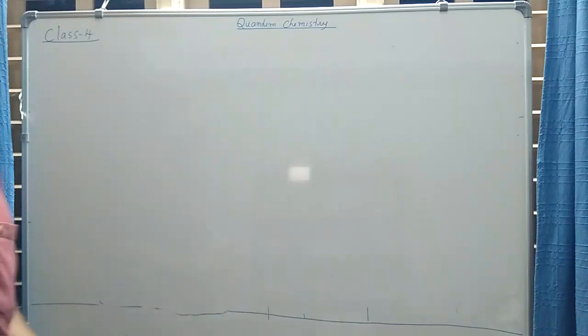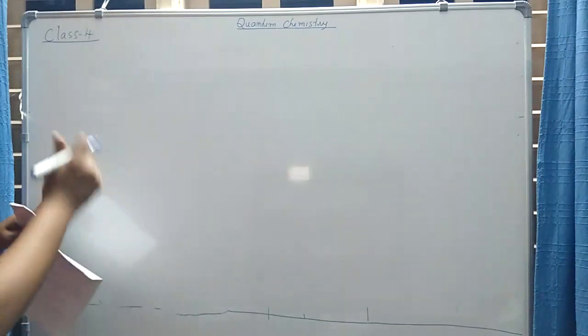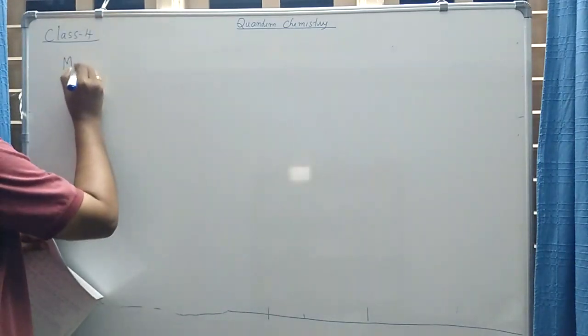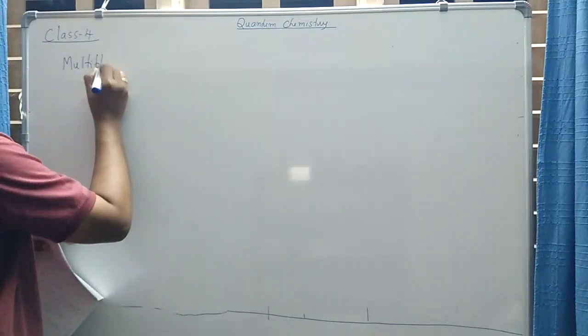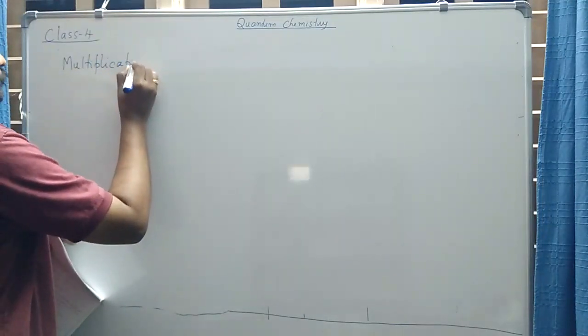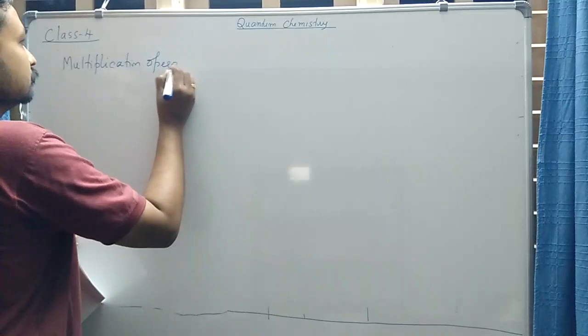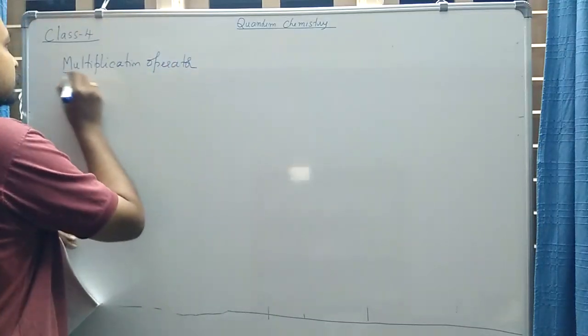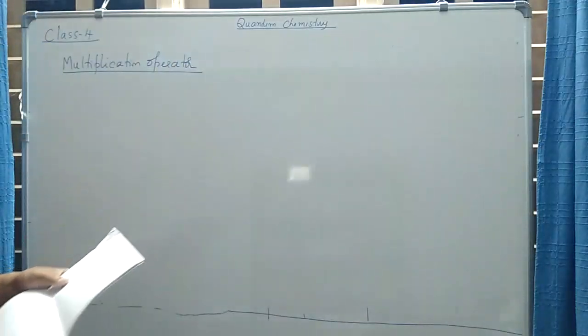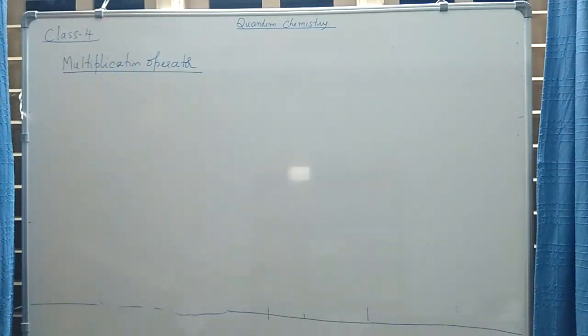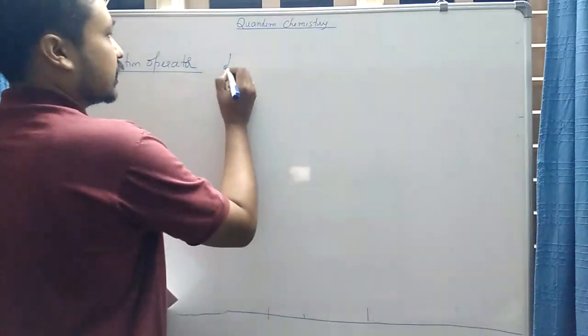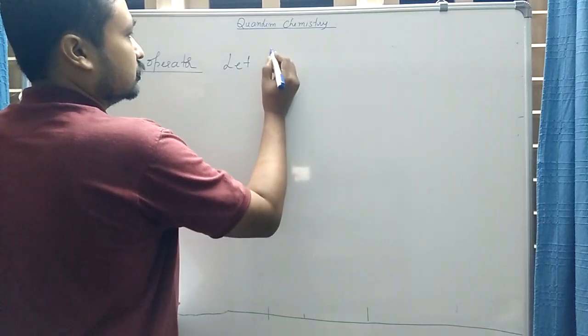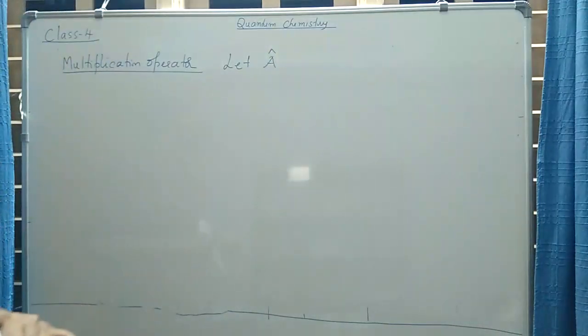Before that, we will discuss one important class of operator called the multiplication operator. So what do you mean by a multiplication operator? Let us take an operator. In the previous examples I had operators such as d by dx, d square by dx square.